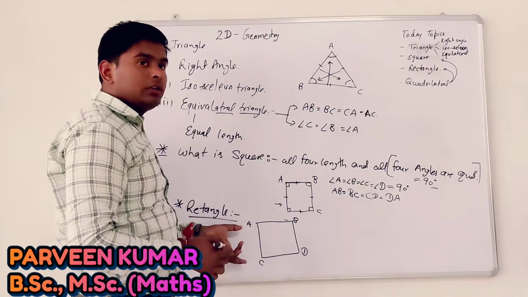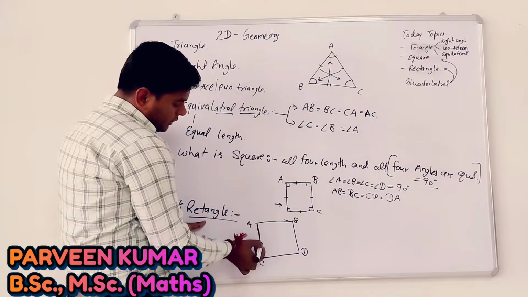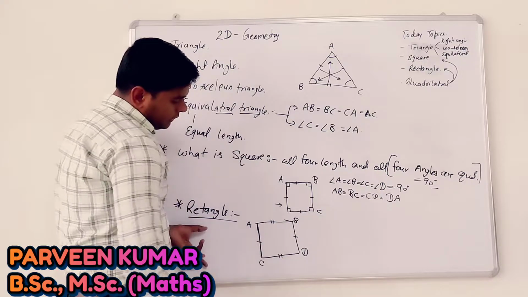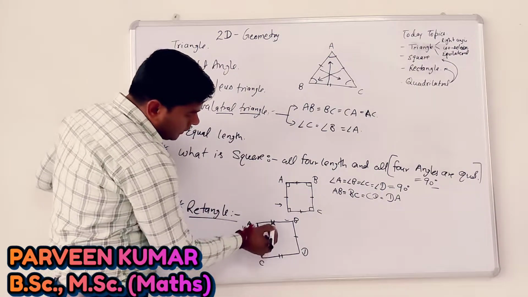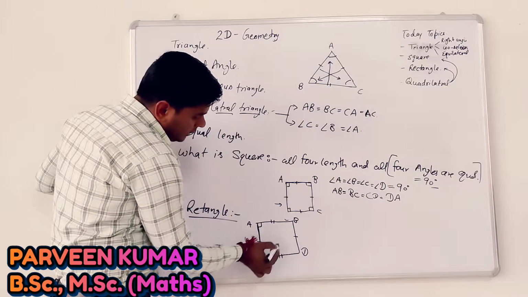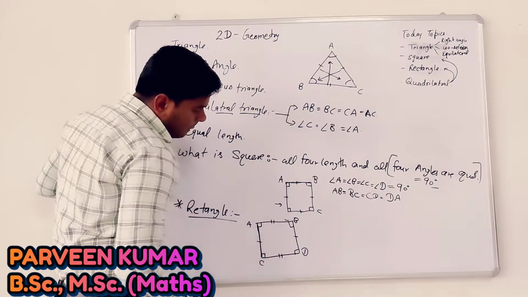Here we see that AC is equal to BD and AB is equal to CD. Opposite sides are equal and each angle is equal to 90 degrees.